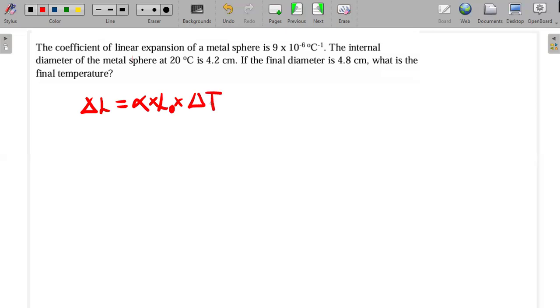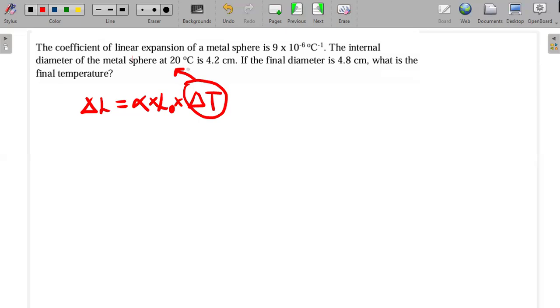Since we're asked to find the final temperature, we can use this equation to find the change in temperature, delta T. Then we'll add this change in temperature to the 20 degrees Celsius, such that it's going to give us the final temperature.